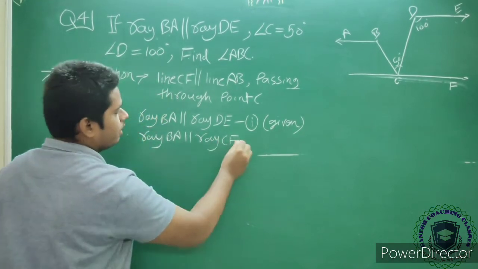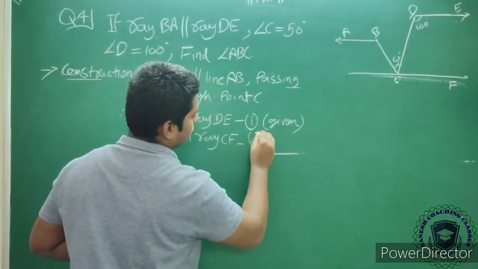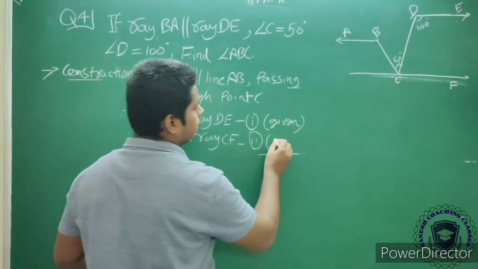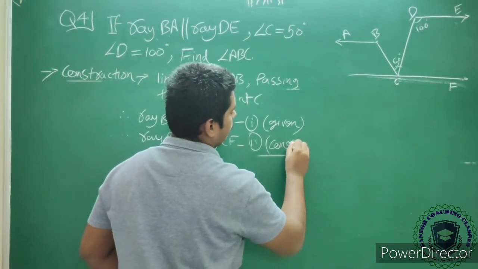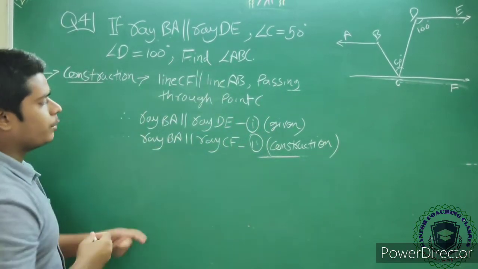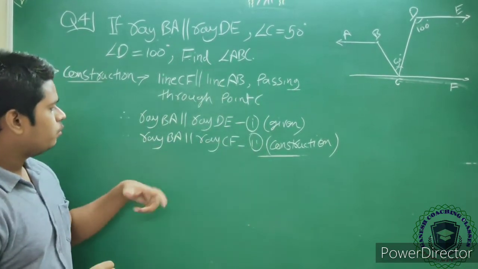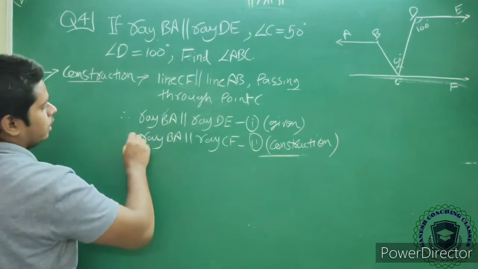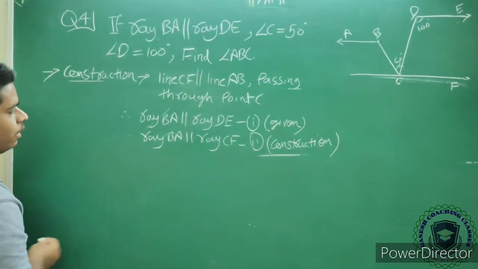How can we write this? By construction, because we constructed it. So here we have to write construction. Now comparing equation 1 and 2, which two terms are alike? That is BA, so we can cancel it.